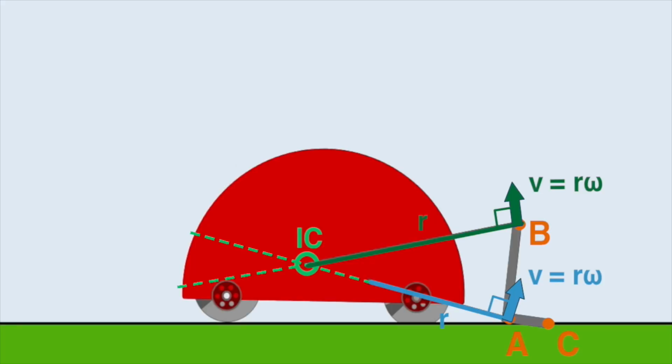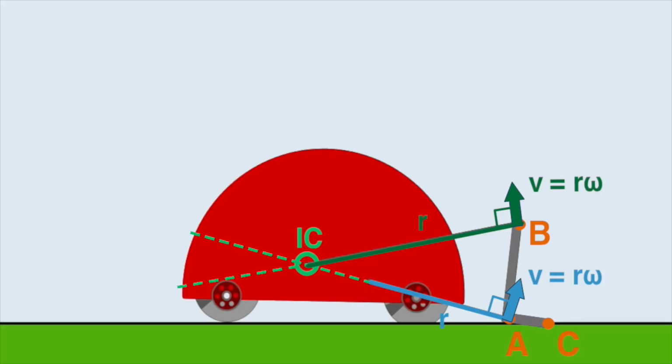Okay? Once we have the angular speed of the coupler, of course, we can also calculate the speed at B. Now, if we wanted to, once we have the tangential speed at B, we could then calculate the angular speed of the other link that connects from B back to the robot.